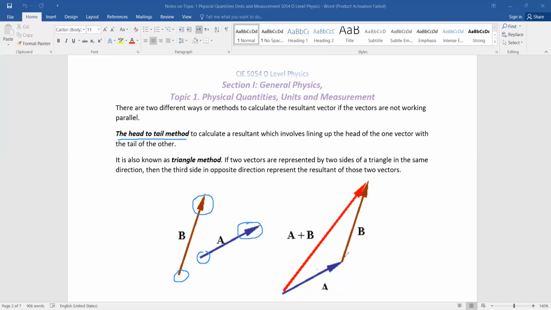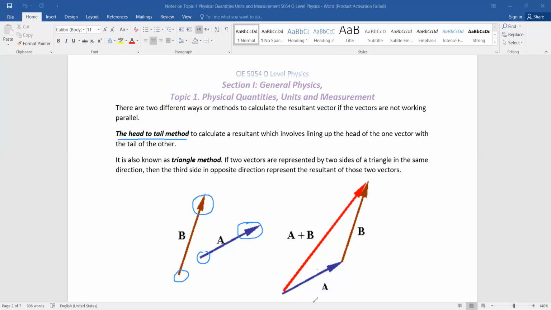That's why it is called the head and tail method: a method to calculate a resultant which involves lining up the head of one vector with the tail of the other. Clear?